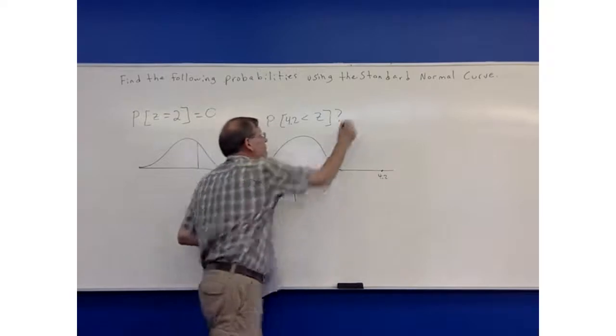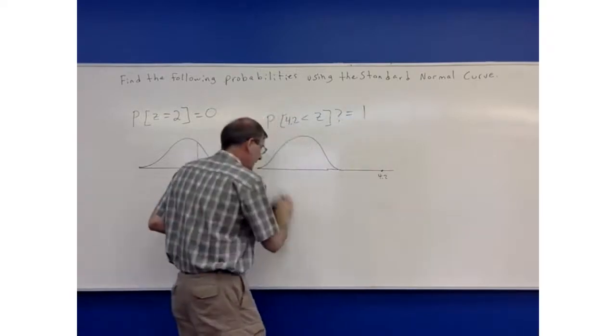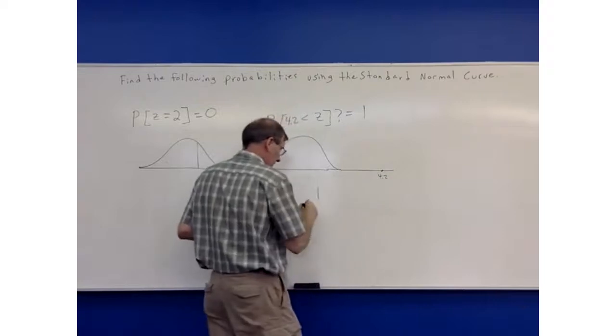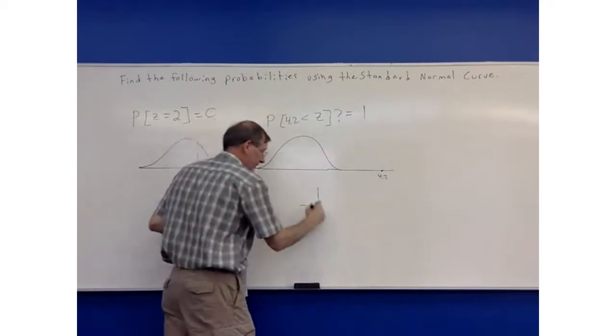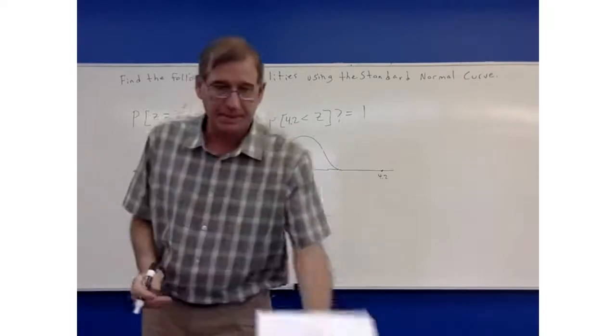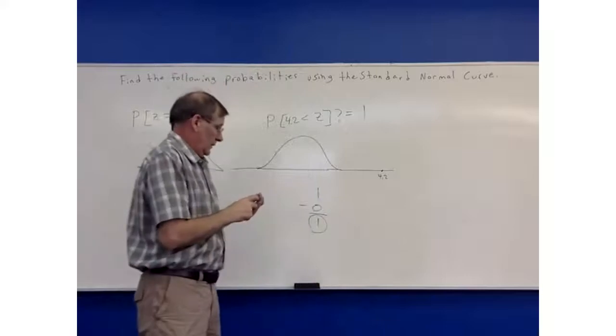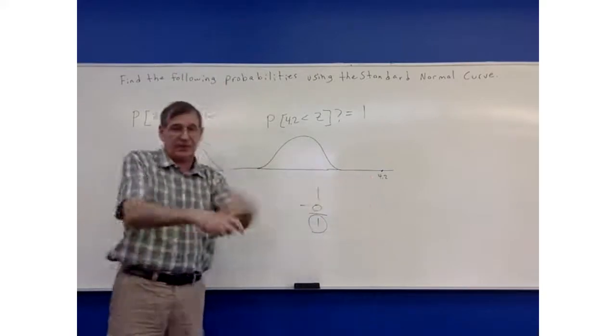So the probability, or if you want to say it another way, is 1 minus the area to the left, which is nothing down here. 100% of the area is to the left of 4.2. 4.2 is a really big number. It's not on the table.